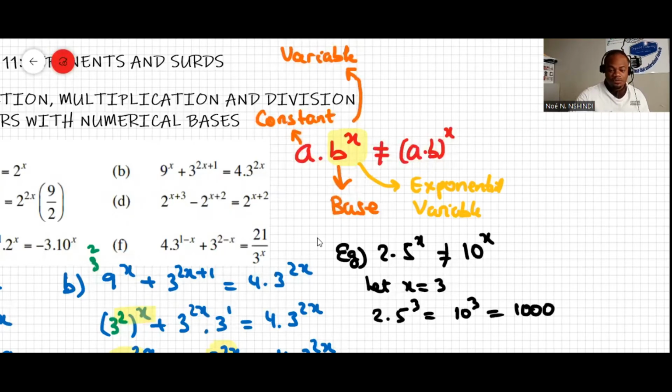Okay, this is one way. But on the other way, if I keep it like 2 multiplied by 5 to the power of 3, 5 cubed is 125, and then 2 times 125 is 250. You see how the answers are different. So we cannot combine these two.